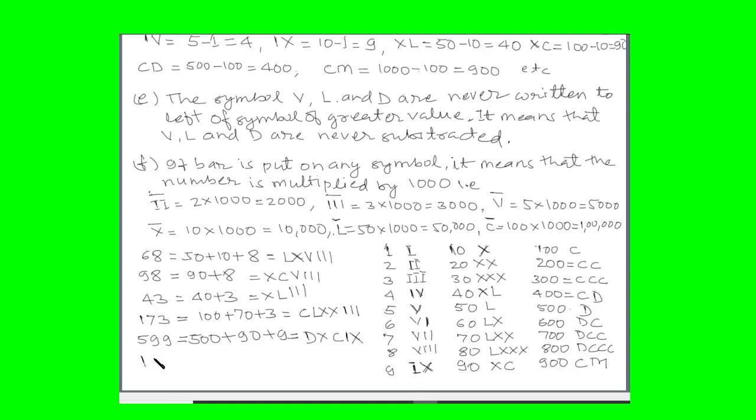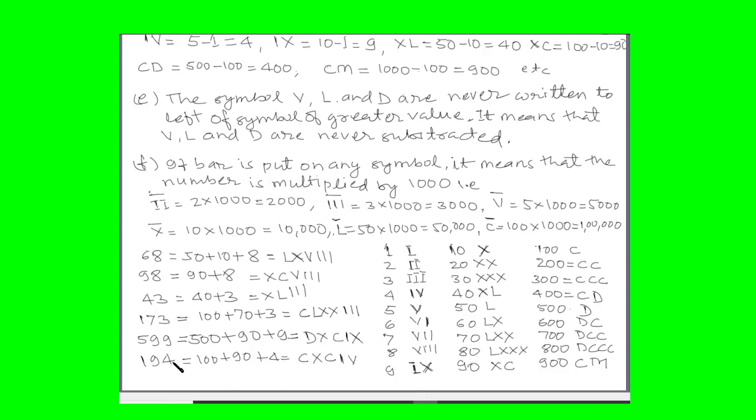We go to 194. 100 plus 90 plus 4. 100 is C. 90 is XC and 4 is IV.